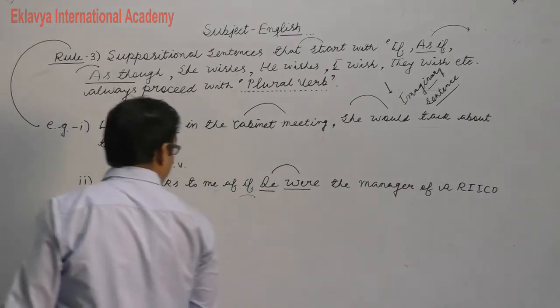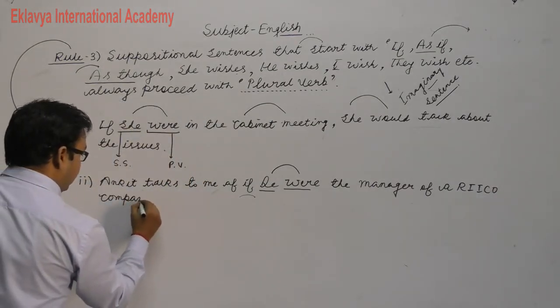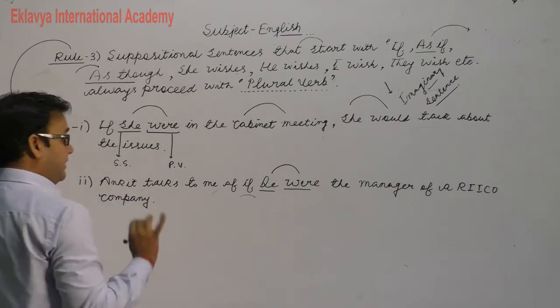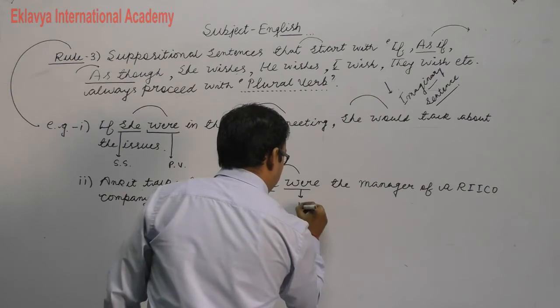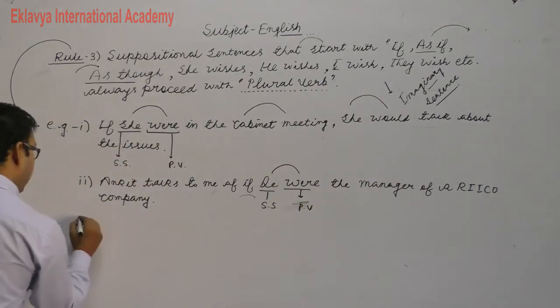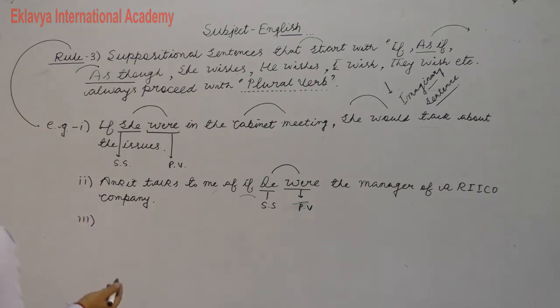As if he were the manager of a company. You can mention Reliance, Airtel, anything else. Singular subject and plural verb. Okay, example number 3, students. Let's say one more.